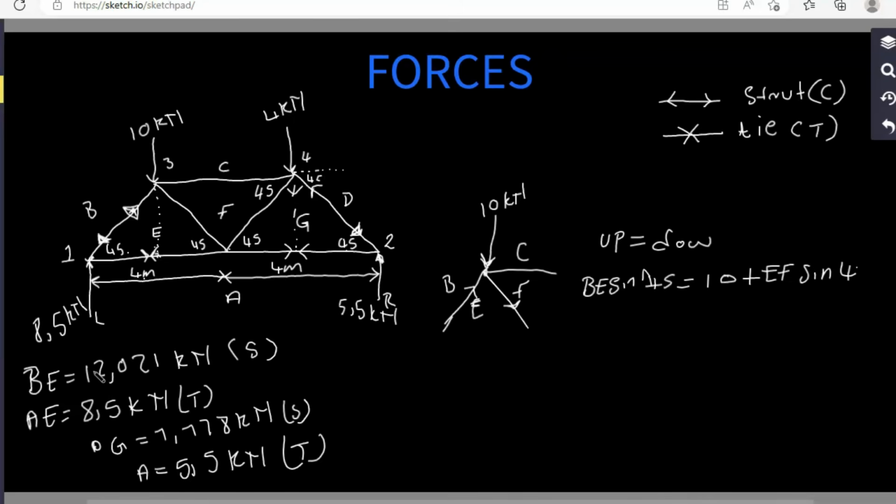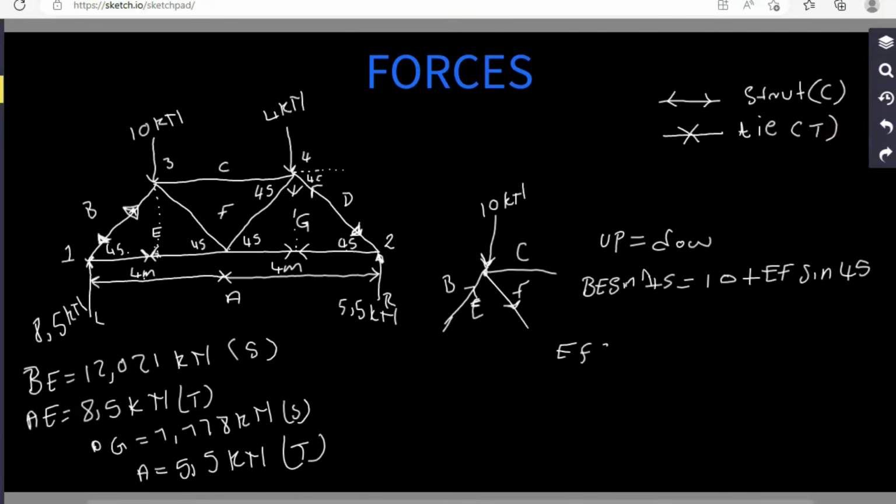So our angle is 45. We have PE sine 45. What we're looking for will be EF. So I'm going to say EF is equal to... no, it's not equal to sine 45.